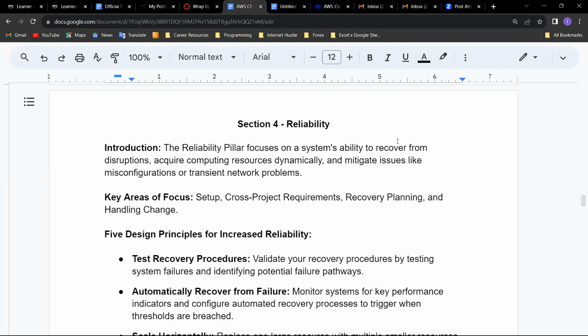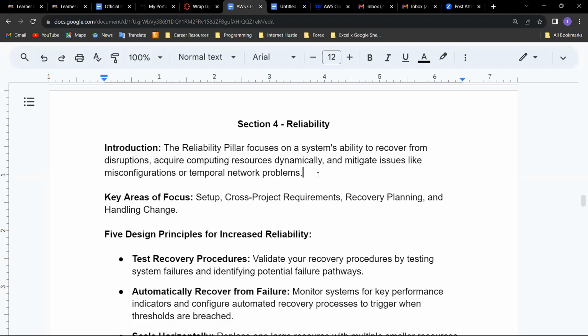So transient just means temporary, temporary network problems, short periods of network problems. Okay, I understand.